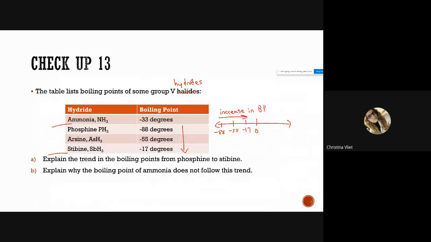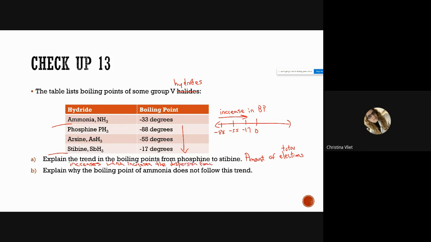So the trend in boiling point, the only difference between these three elements is the amount of electrons. So the amount of electrons increases, total electrons, not valence electrons. But remember, for dispersion forces, we spent a long time last class saying all we look at for dispersion forces is amount of electrons. So the amount of total electrons increases, which increases the dispersion forces.